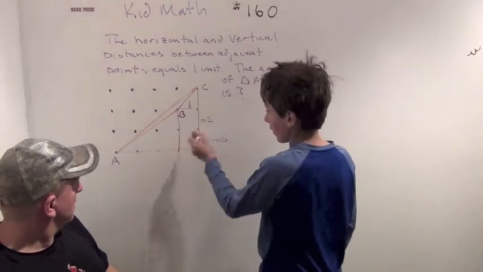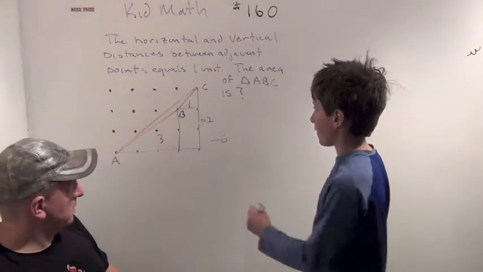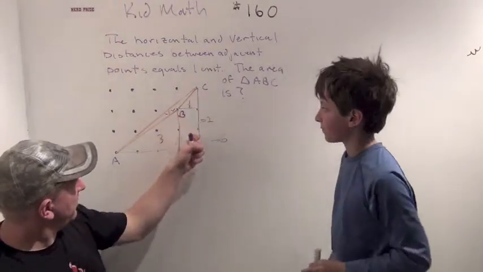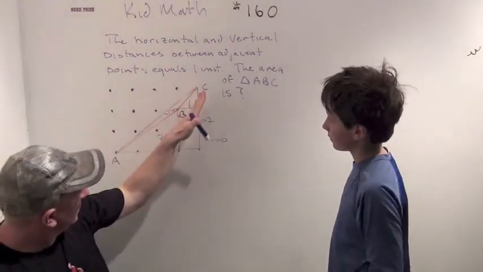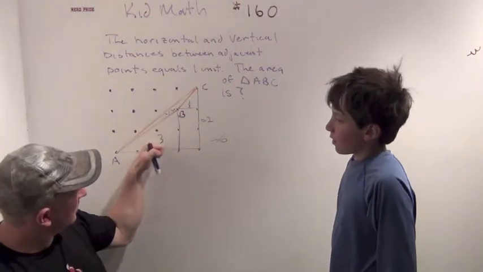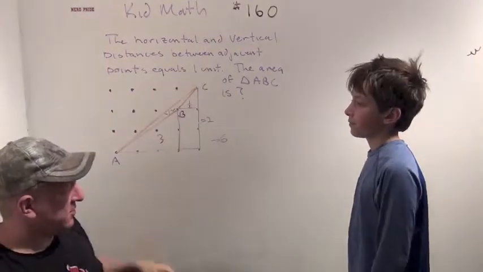And this is 3 by 2, which is 3. So we have 5 and a half, so this has to be a half. We chop the big triangle up into 4 pieces. We know the area of three of them, and that tells us the area of this one has to be the rest, which is a half.